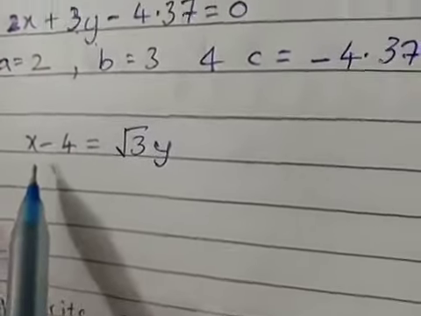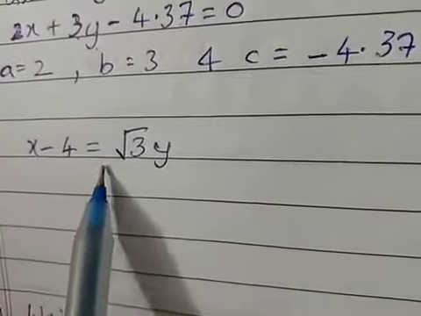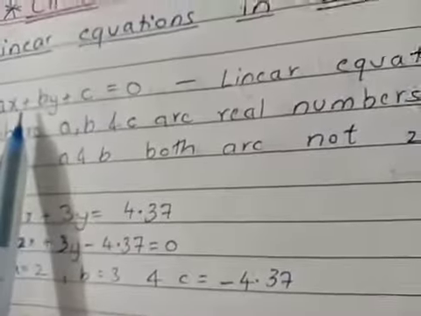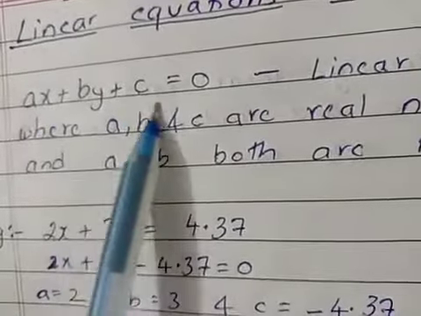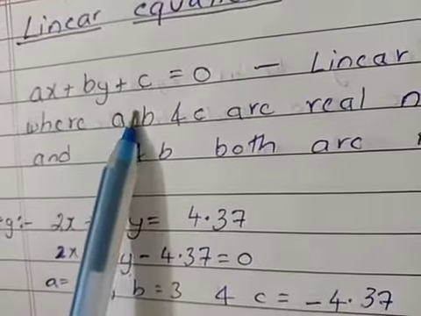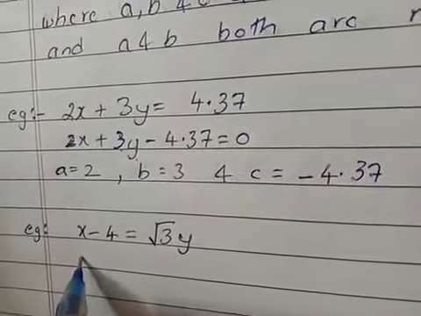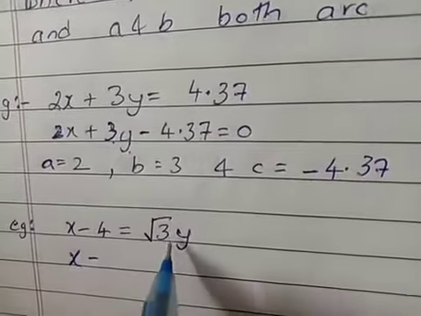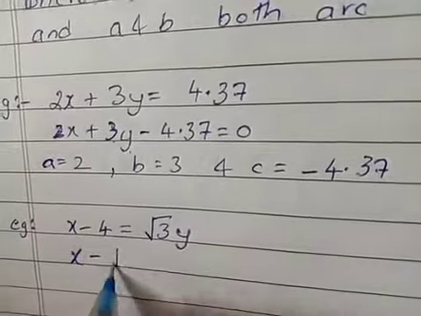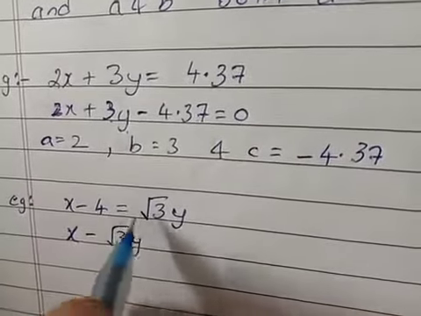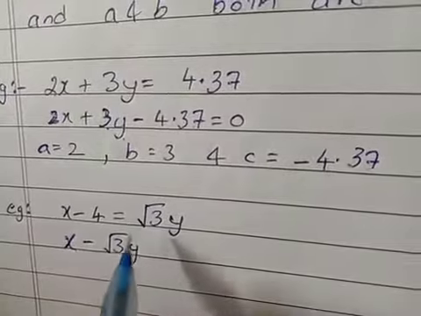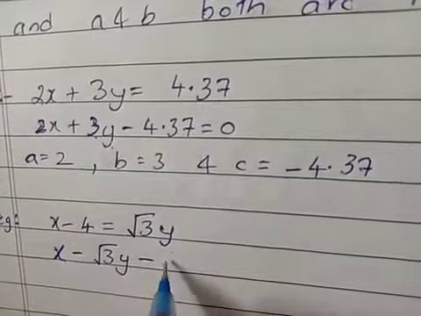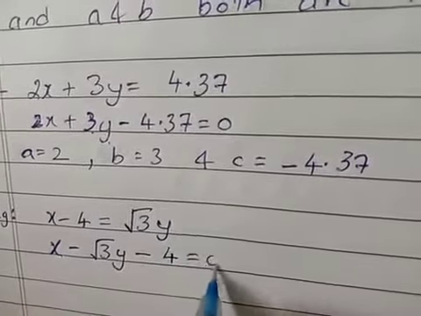Now let's solve one more example, x minus 4 equal to root 3y. We have to bring it in the form ax plus by plus c equal to 0. So how can this be written? x minus root 3y, when it comes on the left hand side the sign will change, and minus 4 equal to 0.